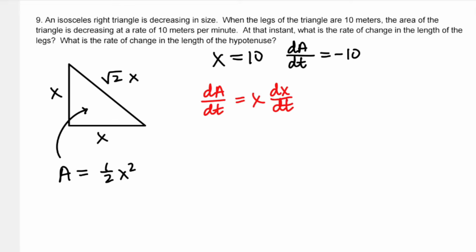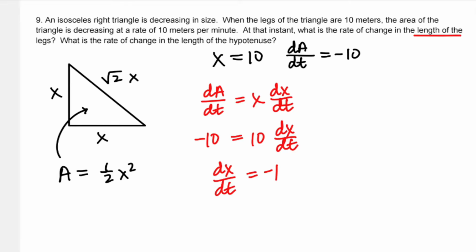Okay, and they told us dA dt was -10 equals 10 dx dt. dx dt must be -1. Okay, so that's the rate of change in the length of the legs.